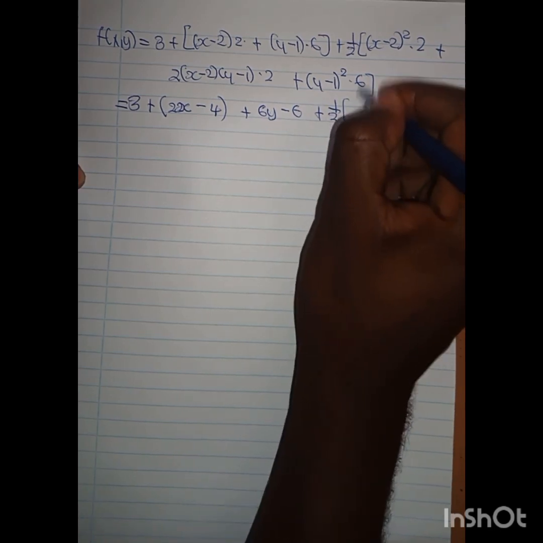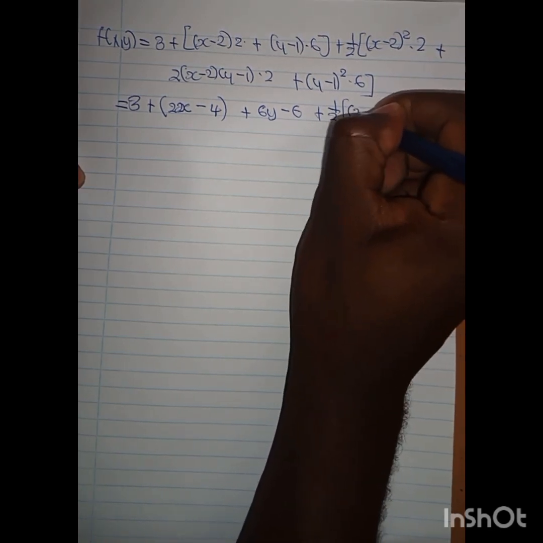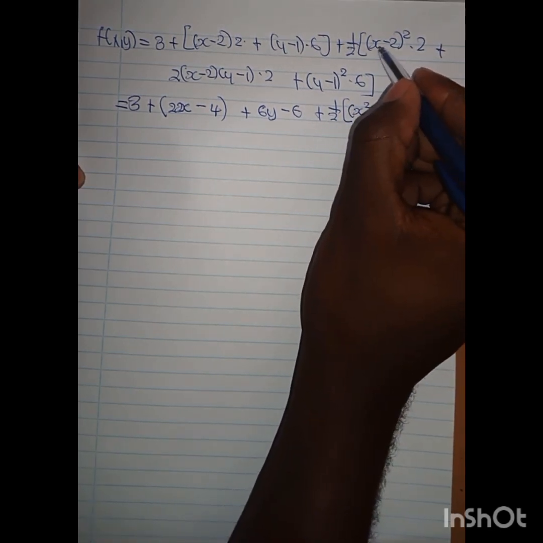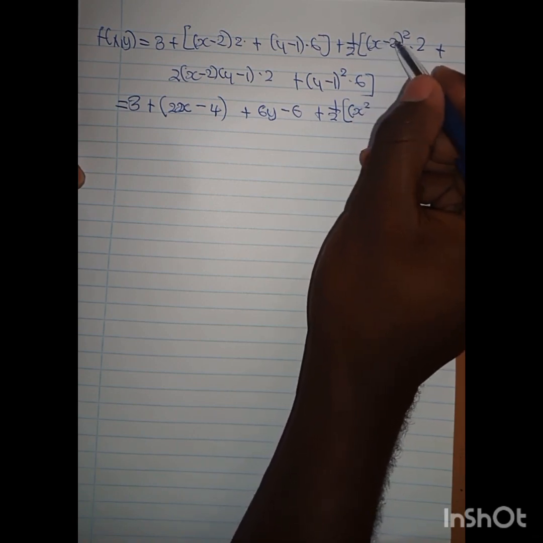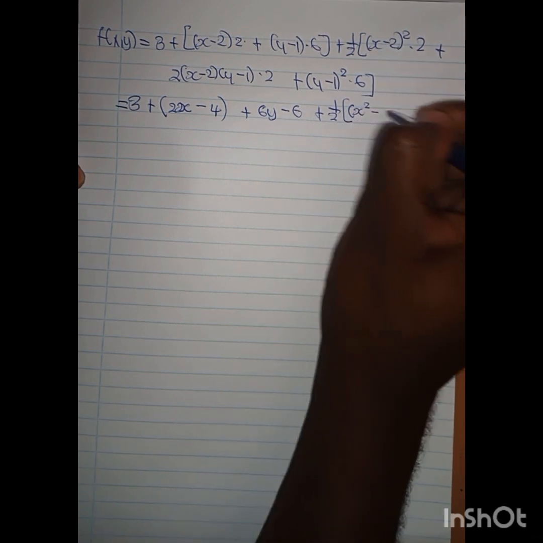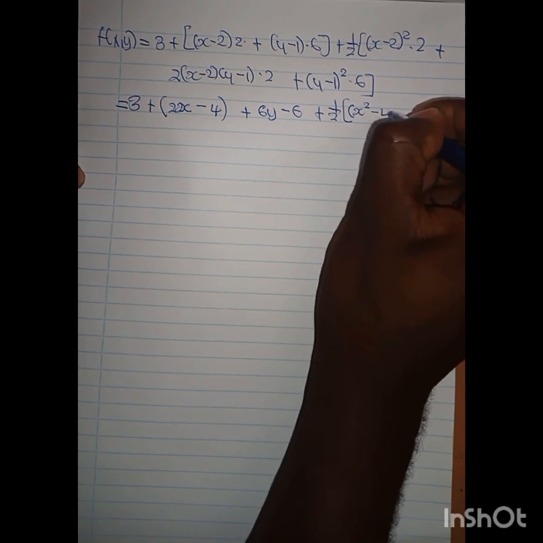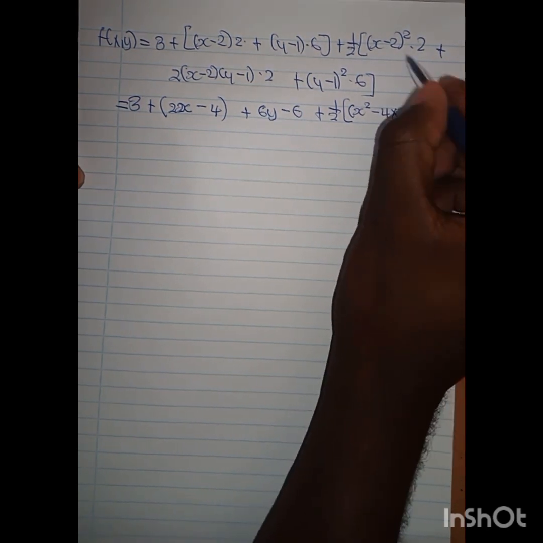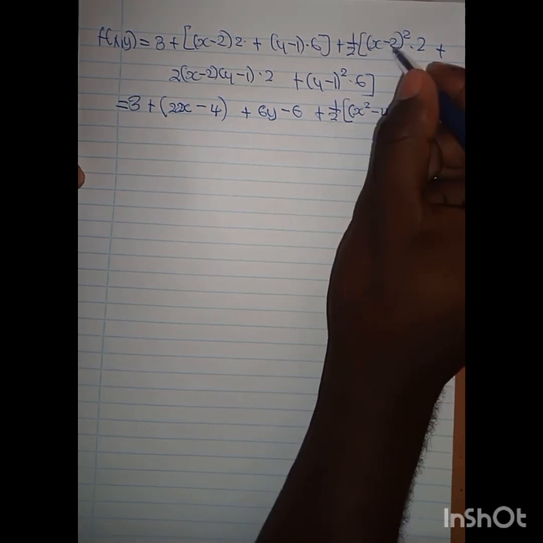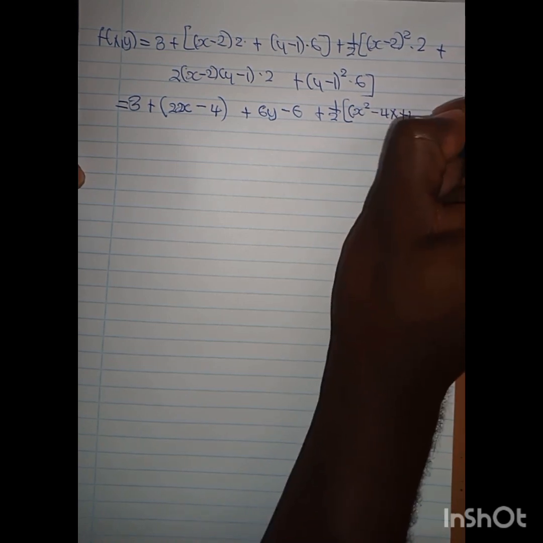This is the same as x times x, and x times x is x squared. And then x multiplied by minus 2, so this will give me a minus 4x. And then minus 2 multiplied by minus 2, it's a 4.